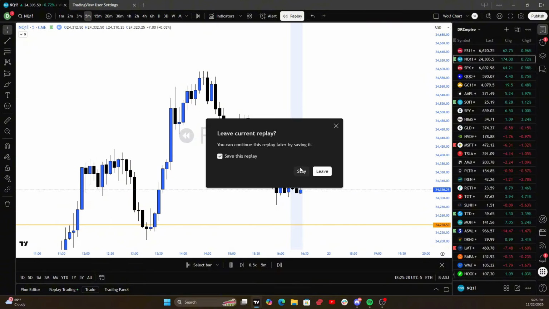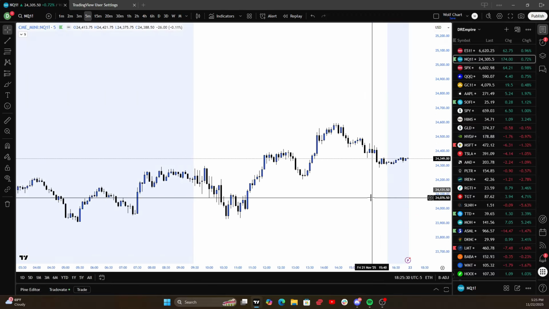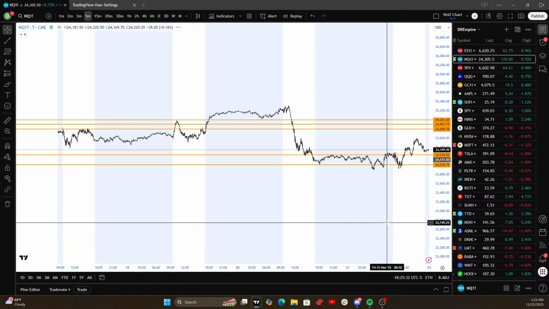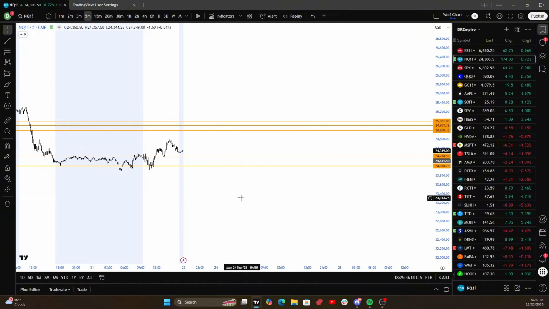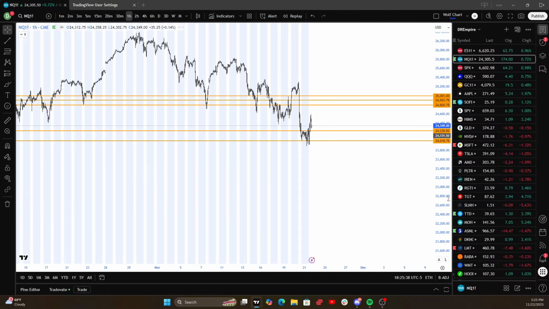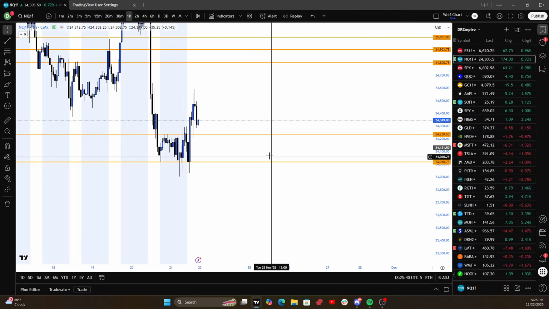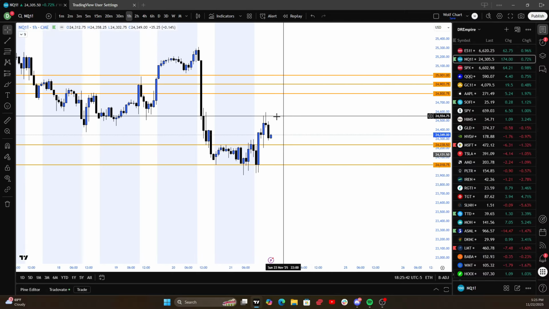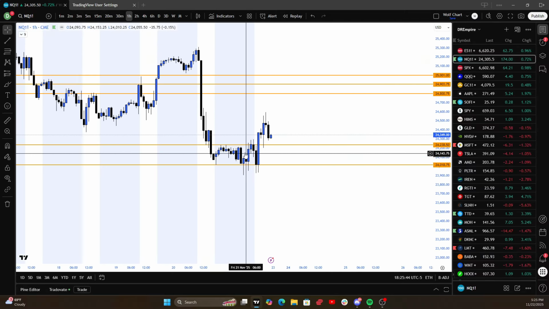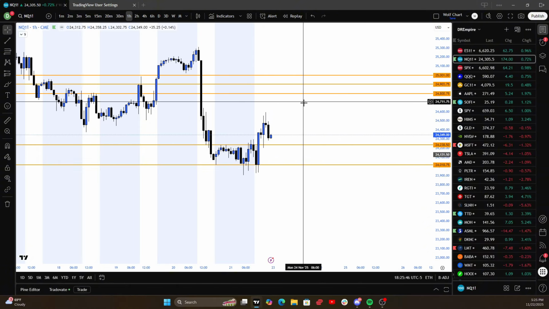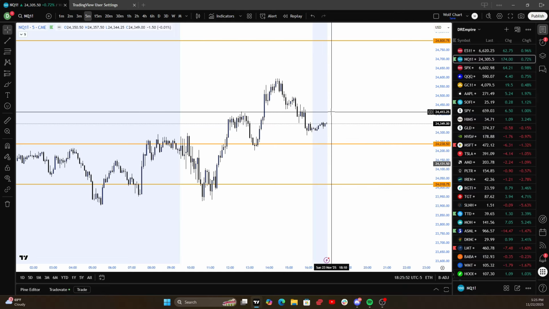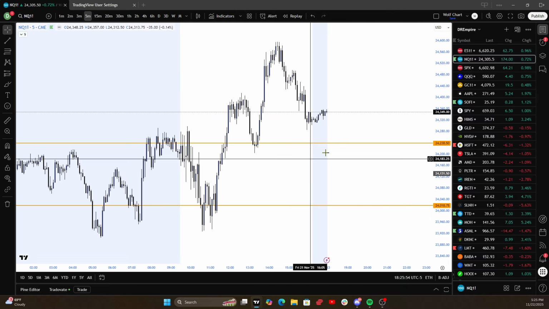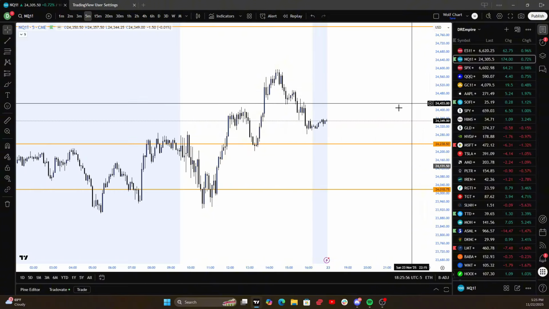So if you ever find yourself confused, just zoom out, far out, and really look at what the market's doing. Go to a higher time frame and see where the market is trying to head, because you don't want to get chopped up. And if you can't figure out where the market's heading, that's probably a sign to just leave it alone and don't trade it. Just wait for a clear read.